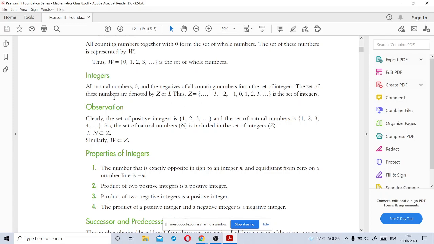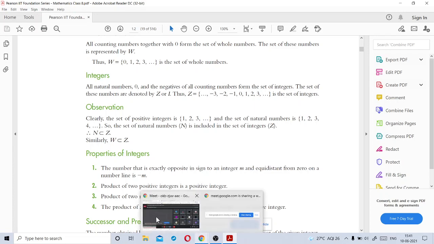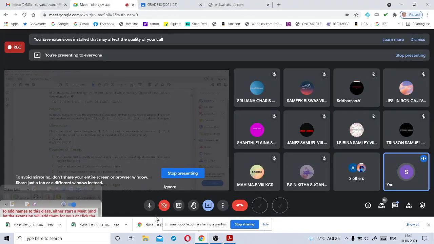The set of all these numbers is denoted by capital letter Z or capital letter I. Thus, capital letter Z is equal to the set of ..., minus 3, minus 2, minus 1, 0, 1, 2, 3 and so on, which is the set of integers. Have you recollected this point, my dear children?